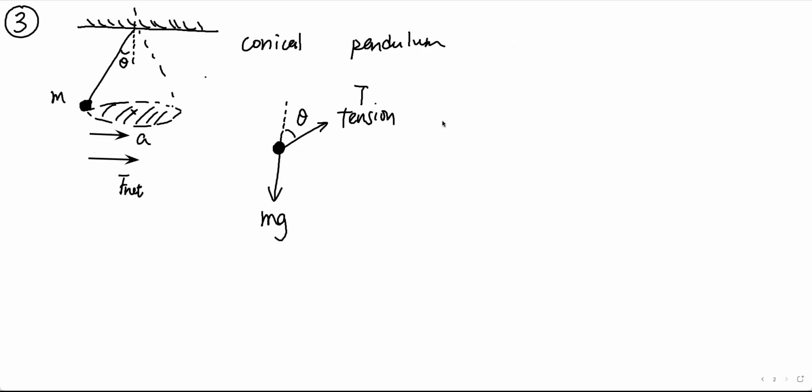In this case, we should decompose the tension into two components. You have not done it for a long time, I know. So this one is T cosine theta, and this one is T sine theta.